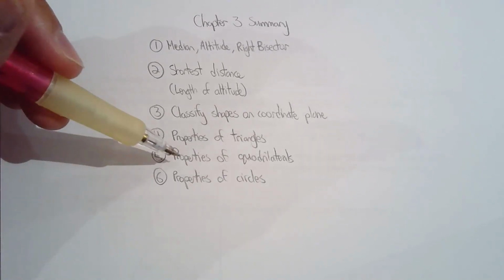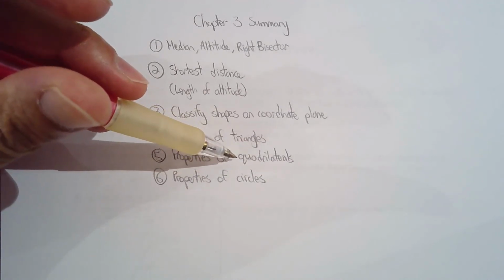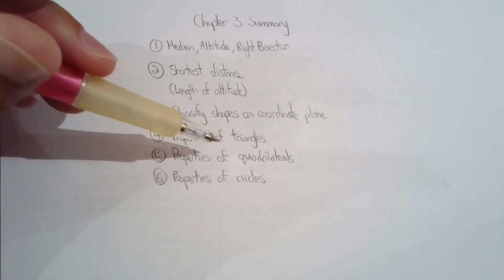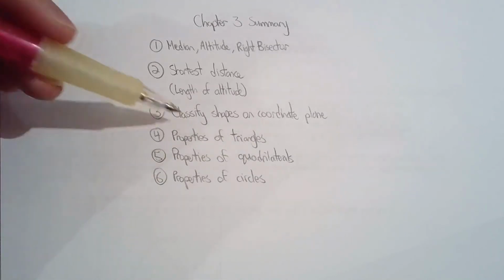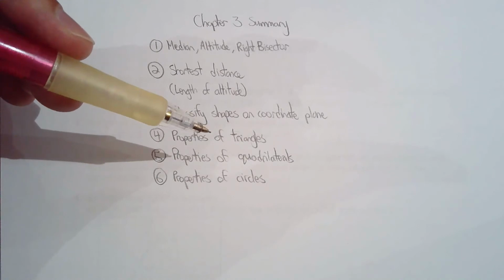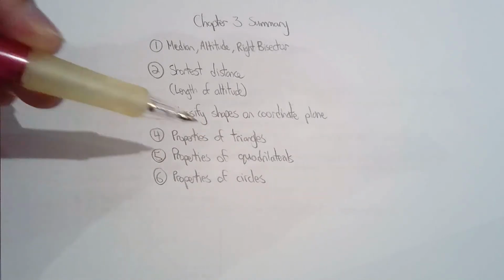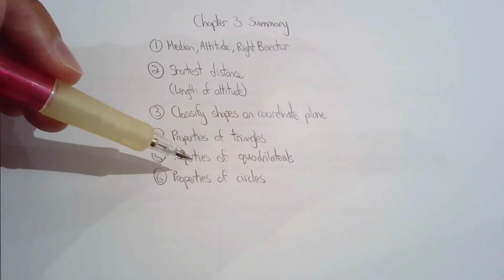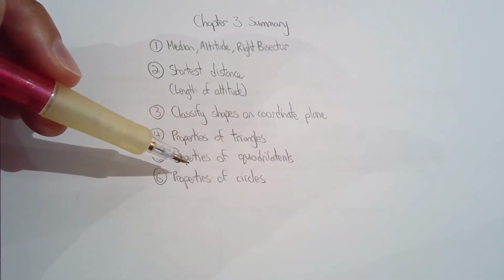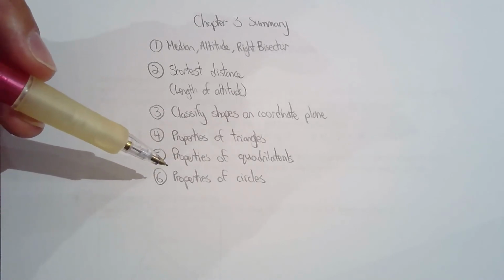For example, the midpoints of the sides: if you join the midpoints of the four sides, you'll form a parallelogram. That's a very interesting property of quadrilaterals. We talked about the median of the trapezoid, or you can say the midline or the mid segment of the trapezoid.